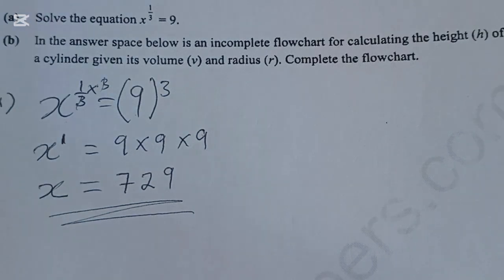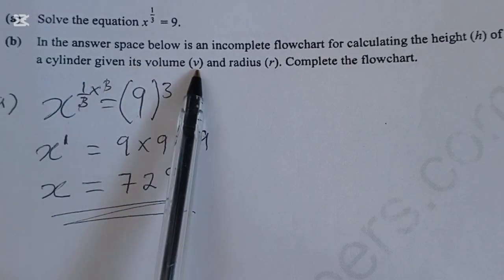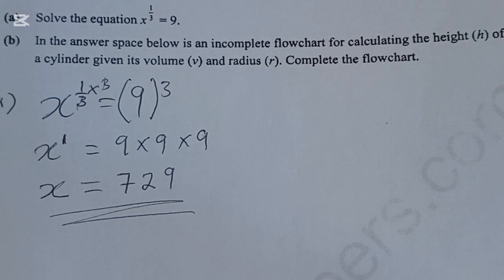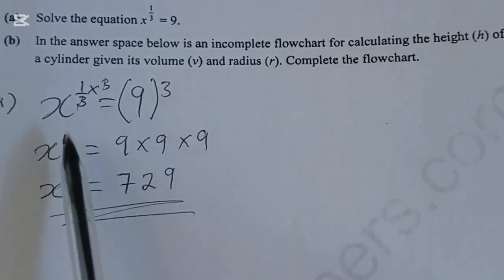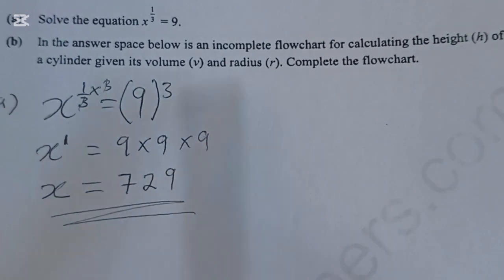In the answer space below is an incomplete flowchart for calculating the height h of a cylinder given its volume V and radius r. Complete the flowchart. So in this flowchart, our interest is to calculate the height of a cylinder of which volume is given and the radius is given.